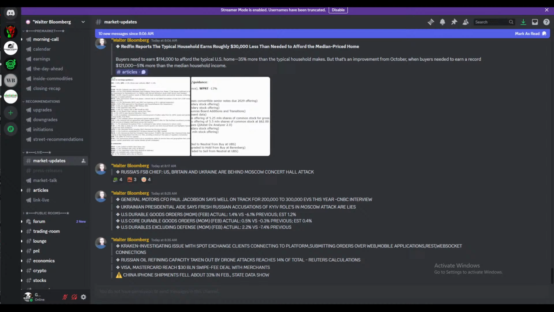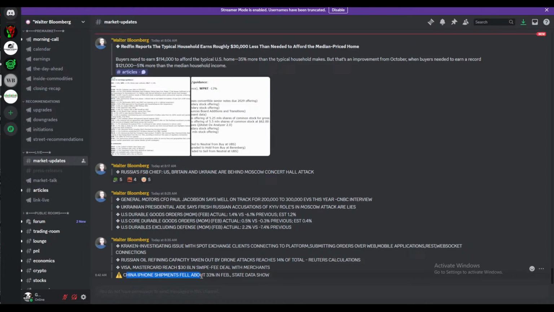Okay, Russian oil refining capacity taken out by drone attacks. Okay, what's Crude doing? Nothing with that. Visa MasterCard reached 30 billion swipe fee deal with merchants. Here's the big one. China iPhone shipments fell about 33% in February. Apple now is down almost 85%.